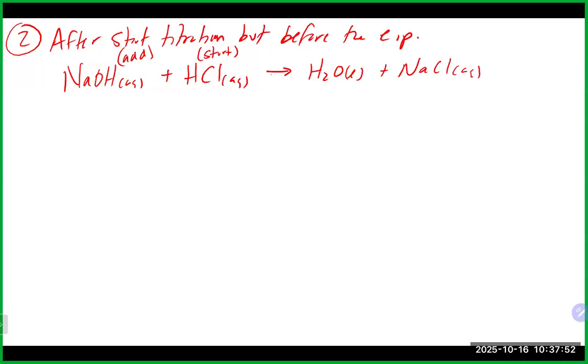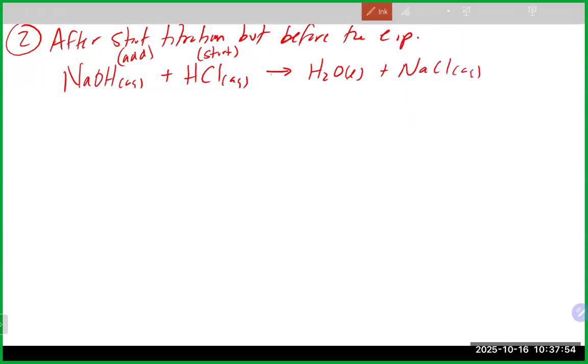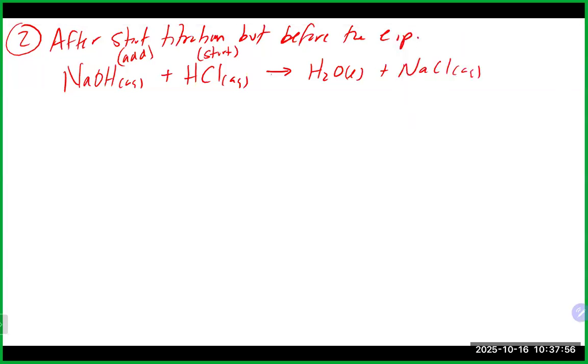Now, we need to do an ice table, so I'm going to make up some simple numbers to illustrate what we need to do. For future reference, these numbers did not come from anywhere. I'm going to initially say we start with 4 moles of HCl in the beaker.